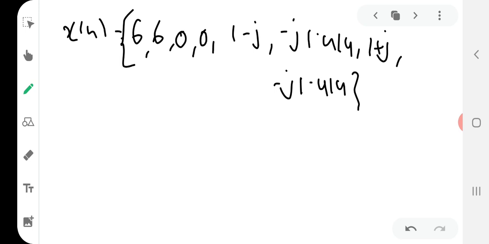And now we have to consider the third line. In the third line only one value will be there, that is W 2 raised to 0, that will be 1. Now how we will draw the third line?